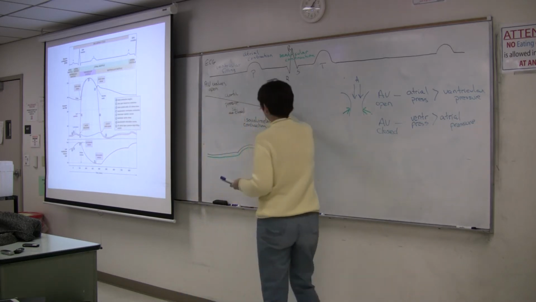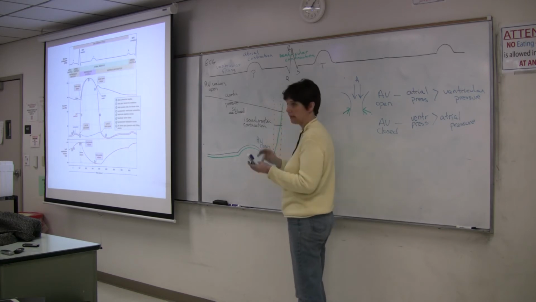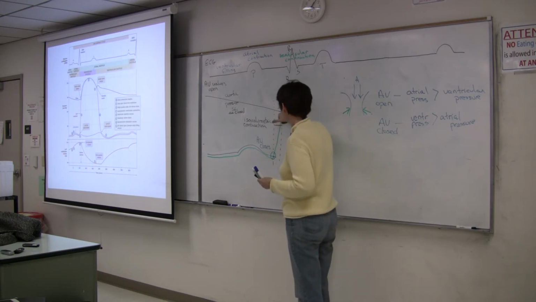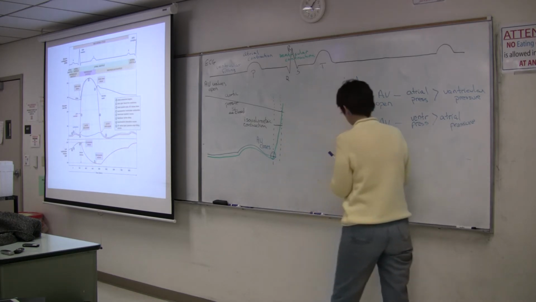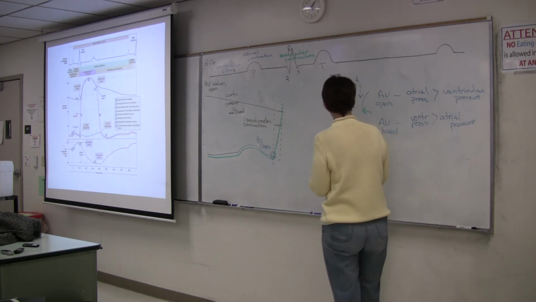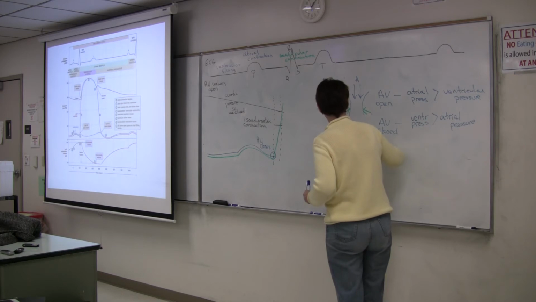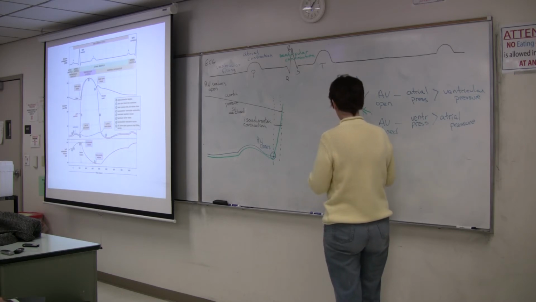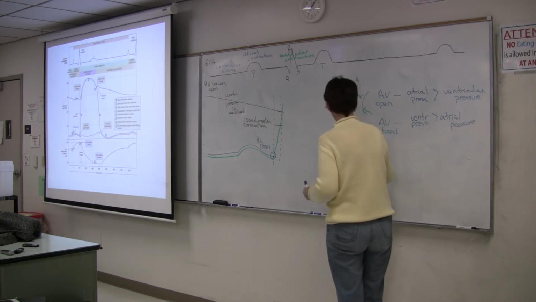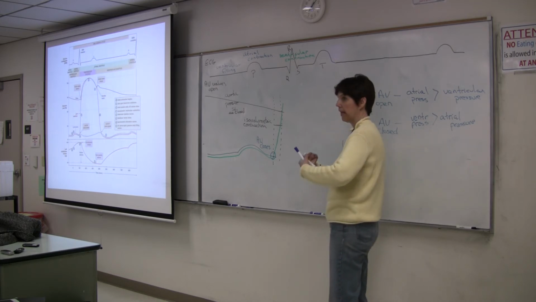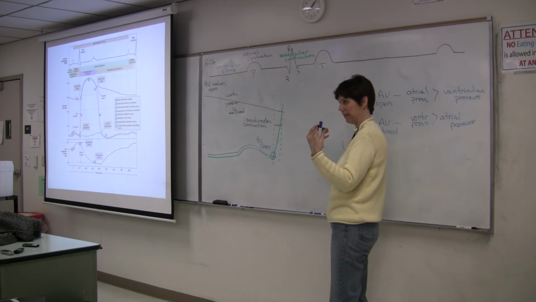Since the semilunar valves are closed, my pressure rises very rapidly until it becomes greater than aortic pressure. As soon as ventricular pressure becomes greater than aortic pressure, remember my valves are shaped like this, so my valves are going to open. Okay?